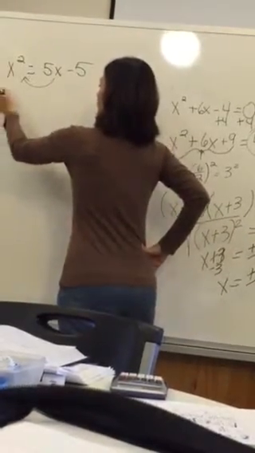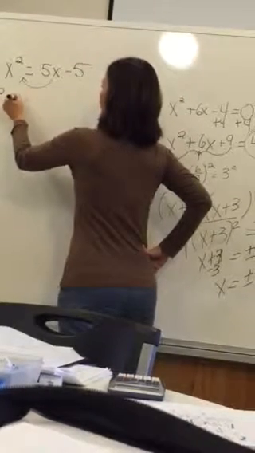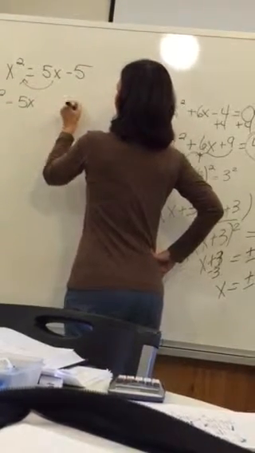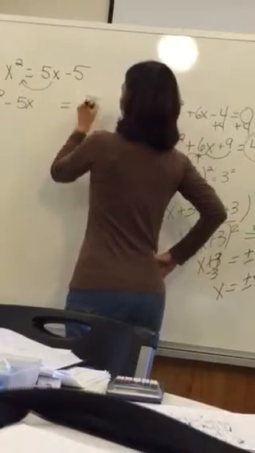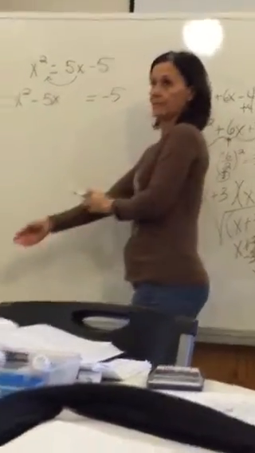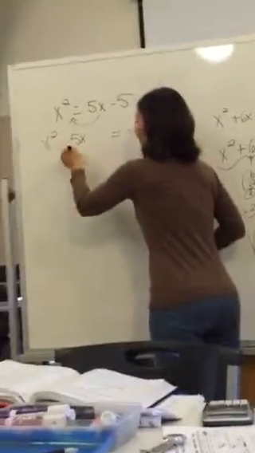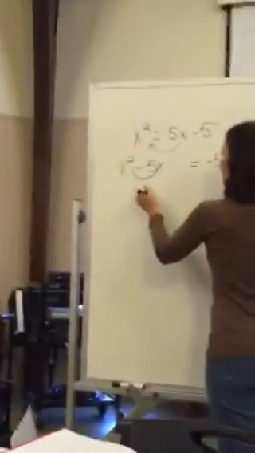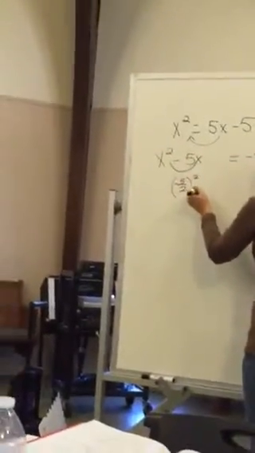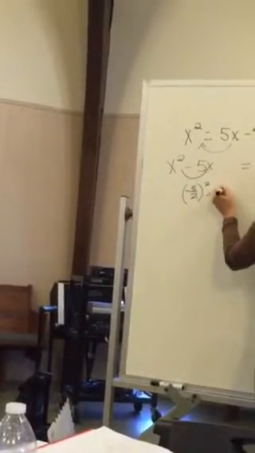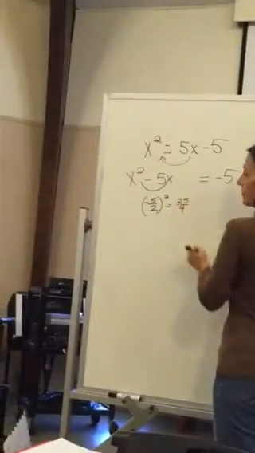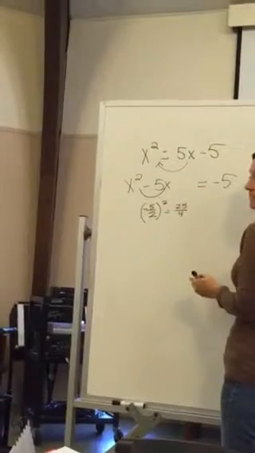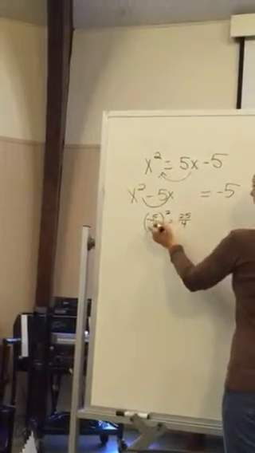So I'll end up with x squared minus 5x, leave my space, equals negative 5. I take my negative 5, because in algebra the sign attaches to the number, so I have negative 5 halves squared, which is 25 fourths. It's not negative.